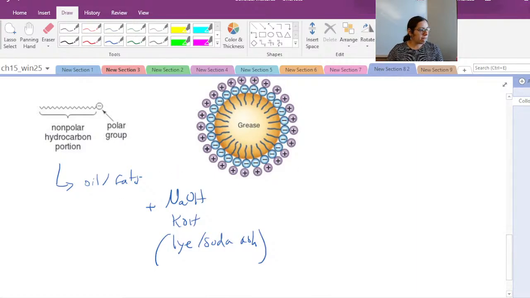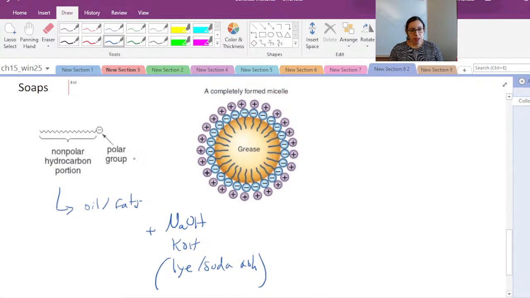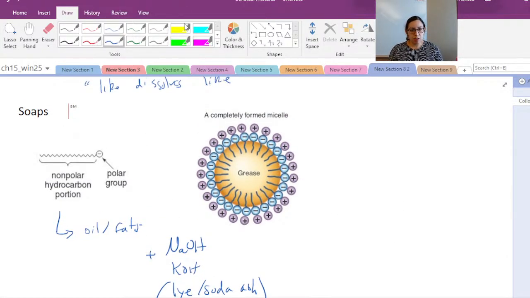And basically, right, we have our carboxylic acid becomes our soap. And so, yes, the long and short of it is you have your polar group, some sort of deprotonated carboxylic acid, generally chained to whatever fat there.